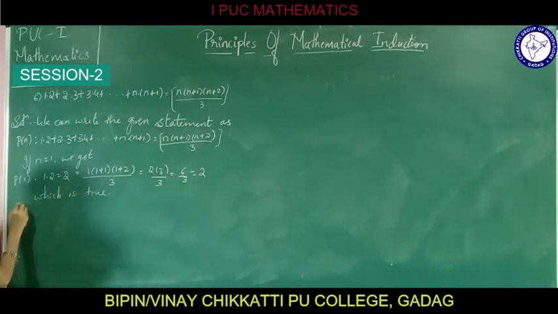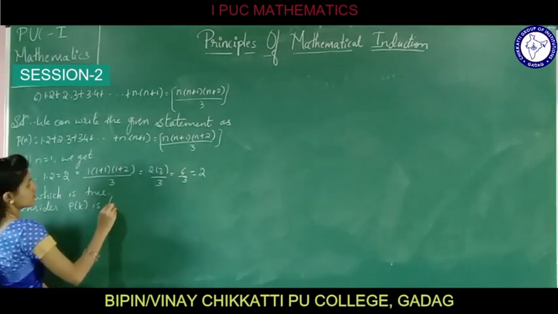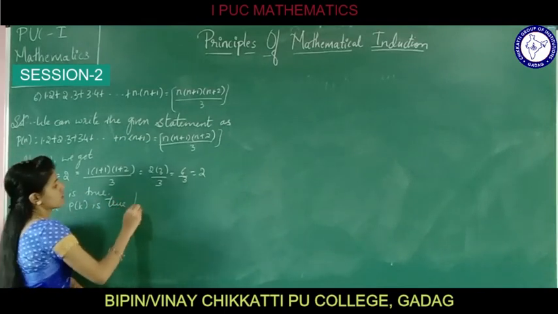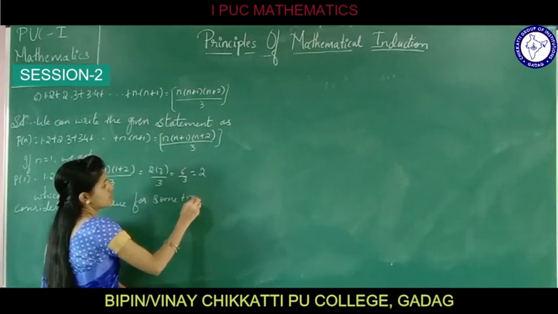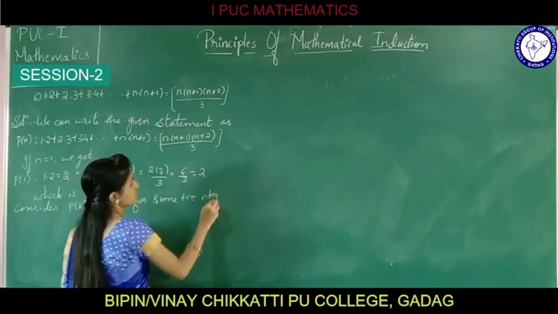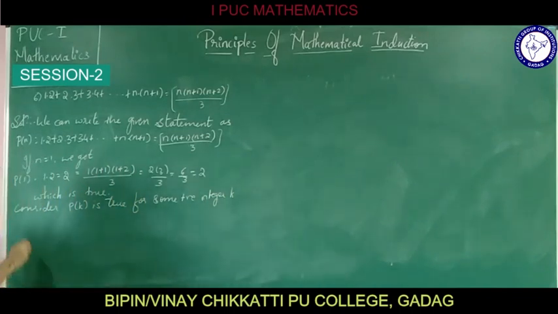Next, consider P of k is true for some positive integer k. If P of k is true, how are we going to write it?